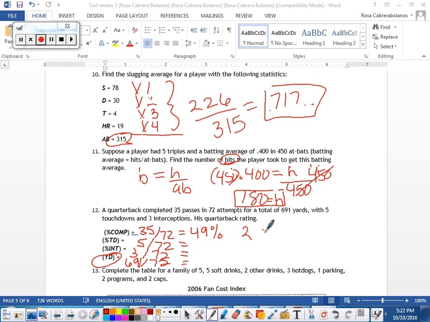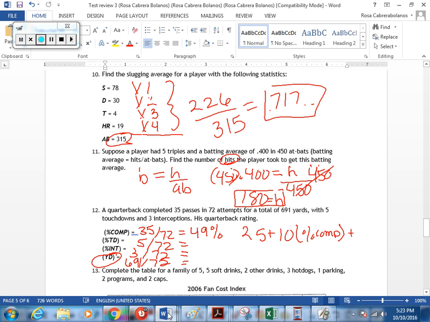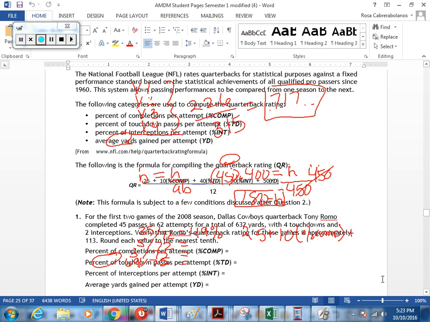So 25 plus 10% completions plus the touchdowns, which was, let's say it was 40 touchdowns.